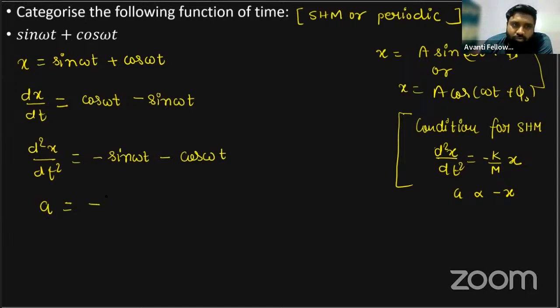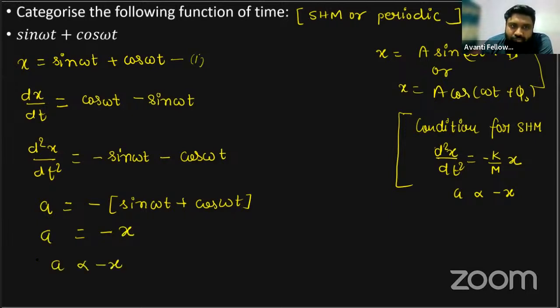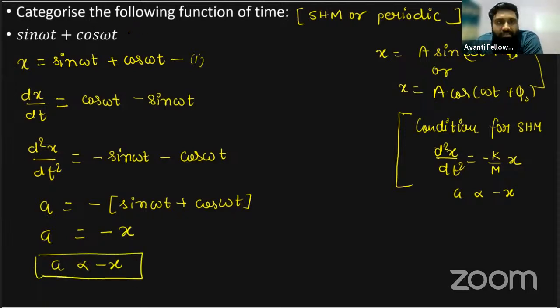If you take minus common, it becomes minus of sin omega t plus cos omega t. We have seen this is equation number 1. This is x, so it is minus x. So acceleration is directly proportional to minus x here. So we can say that this function is executing SHM.